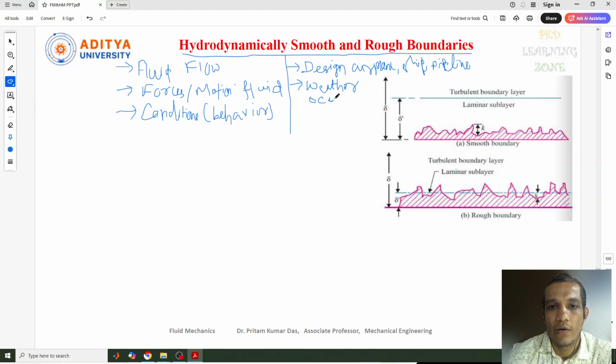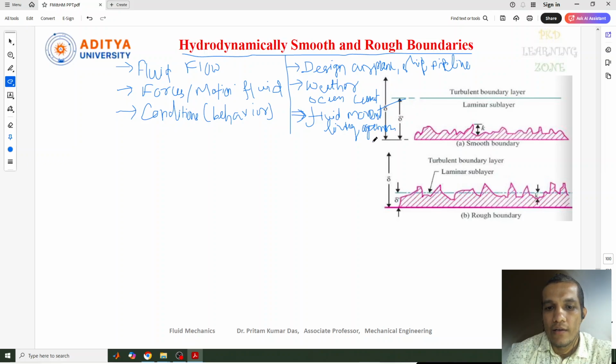Apart from that, in biological or medical study, we can identify how the fluid is moving through living organisms. These are a few examples I'm giving about the hydrodynamical study.